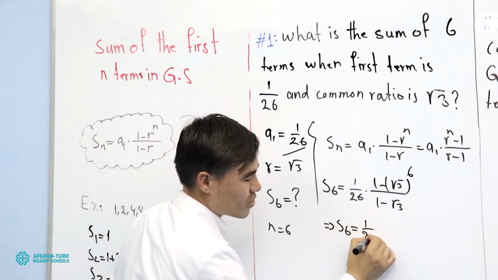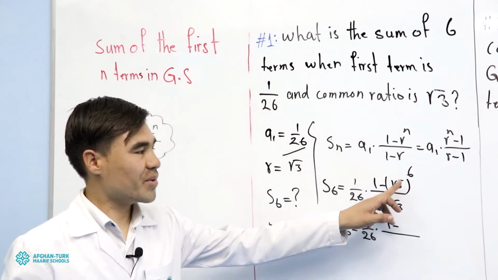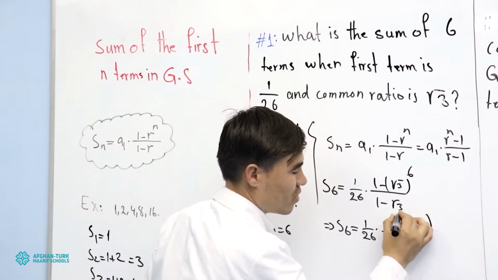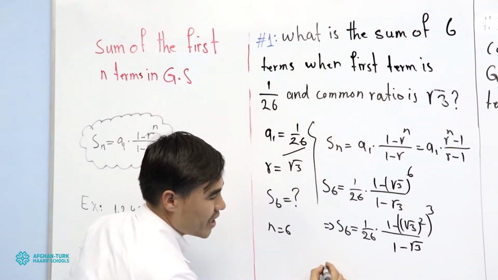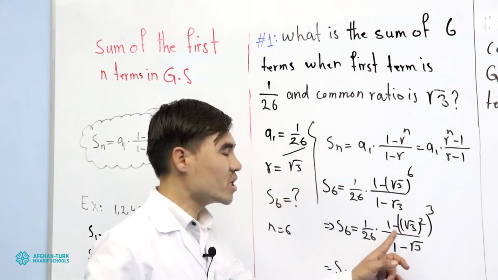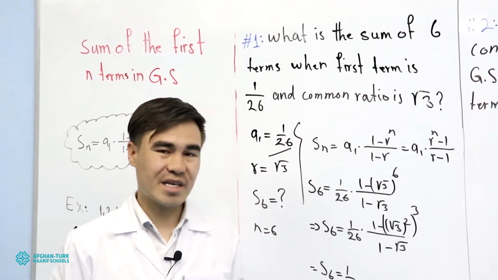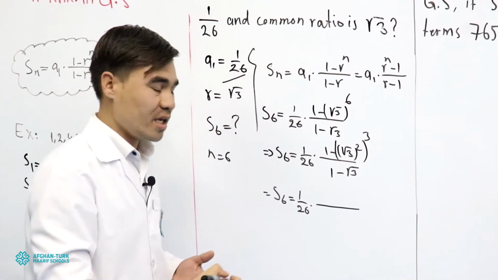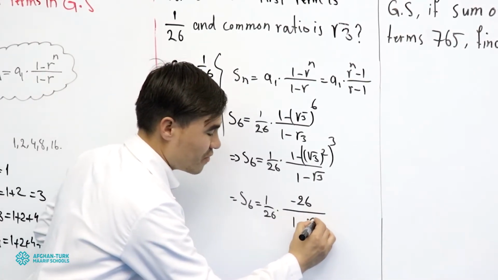S6 is equal to 1 over 26 times 1 minus the square root of 3 to the power of 6, which we can write as the square root of 3 squared, to the power of 3. The square root of 3 squared is 3, and 3 to the power of 3, or 3 cubed, is 27. 1 minus 27 is negative 26, over 1 minus the square root of 3.